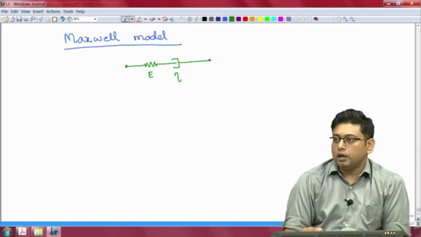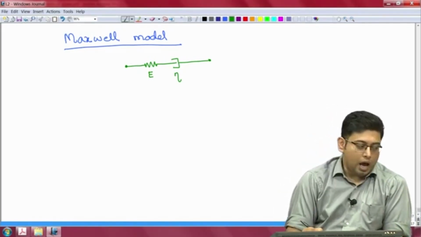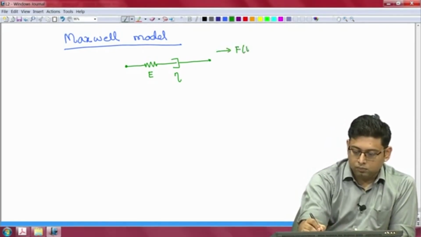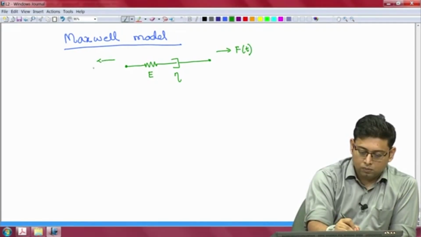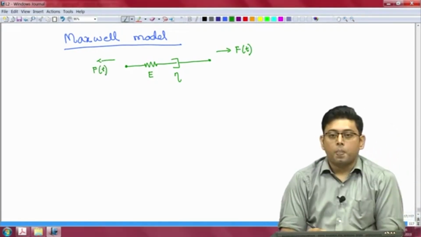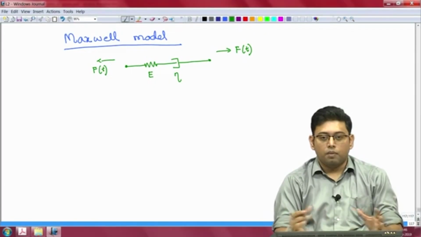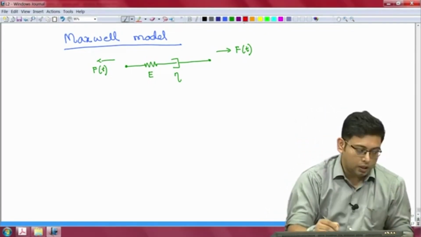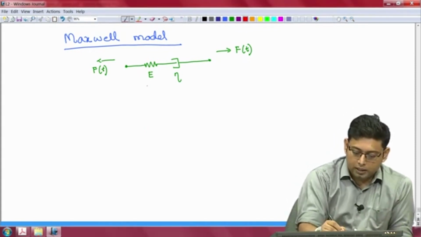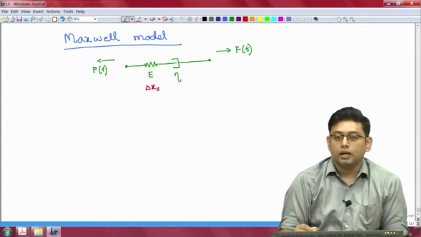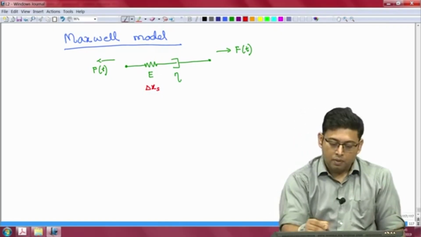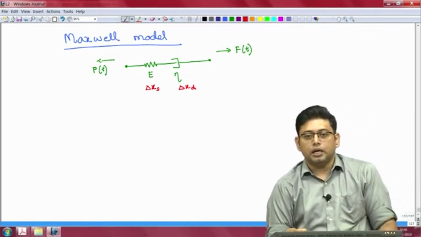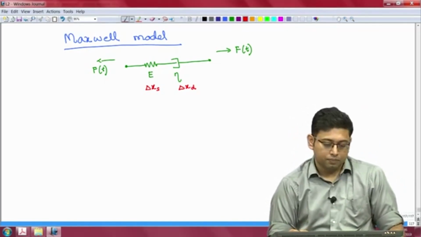So, the viscosity and the E are constants, and you are applying a force, and as a result both the spring and the dashpot will experience some displacement. So, let us say that the displacement observed here is delta x s, the subscript s standing for spring, and the displacement by the dashpot is delta x d, d being a subscript for dashpot, right.